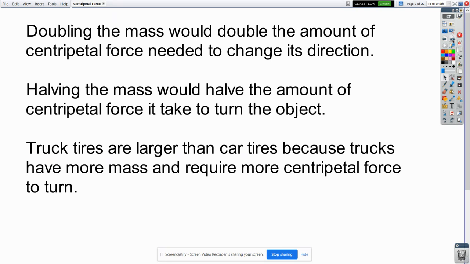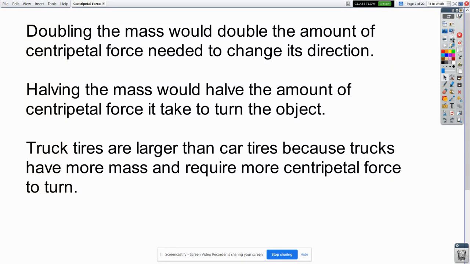4 times the mass would require 4 times the centripetal force. 1/4 the mass would require 1/4 the centripetal force. The changes are identical, it is a directly proportional relationship. A good real-world scenario involving this is to look at the tires on trucks and cars.